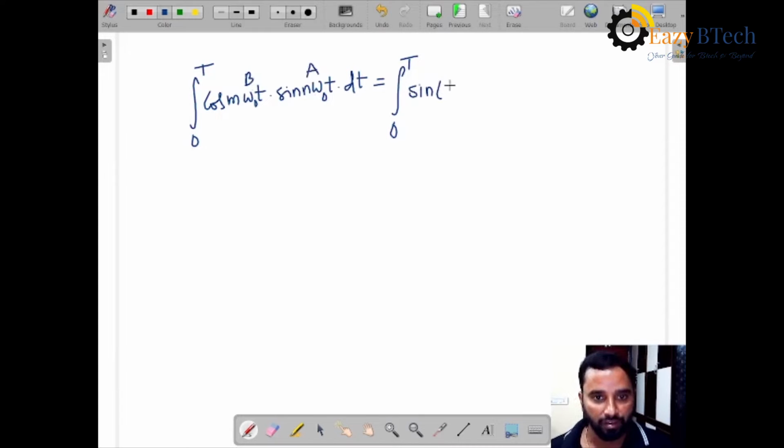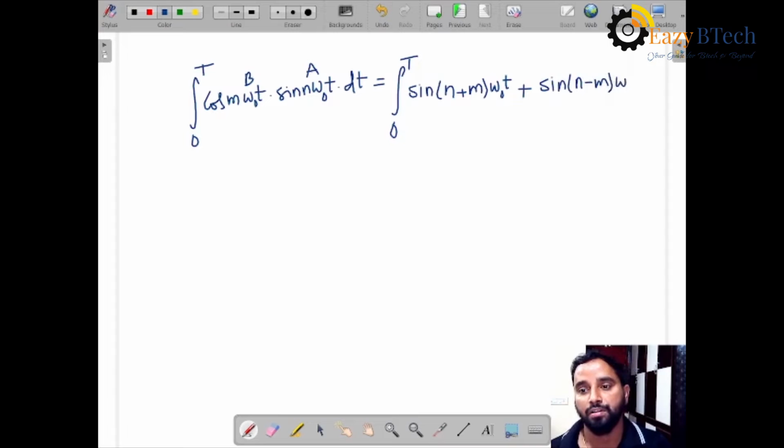So a plus b means n plus m, omega naught t is common, plus sin(a minus b), so sin of n minus m omega naught t. So sin(a plus b) plus sin(a minus b), whole divided by 2. I am writing the 1 by 2 outside.